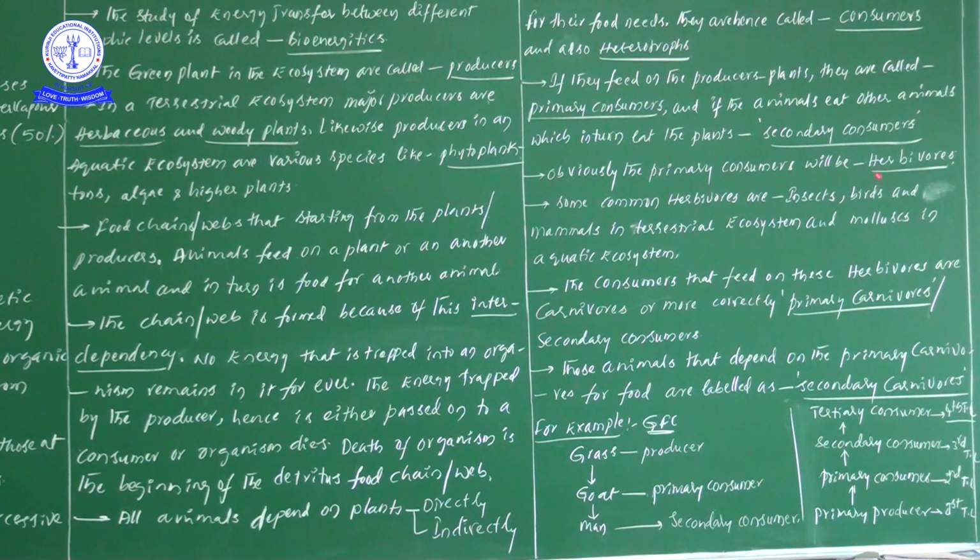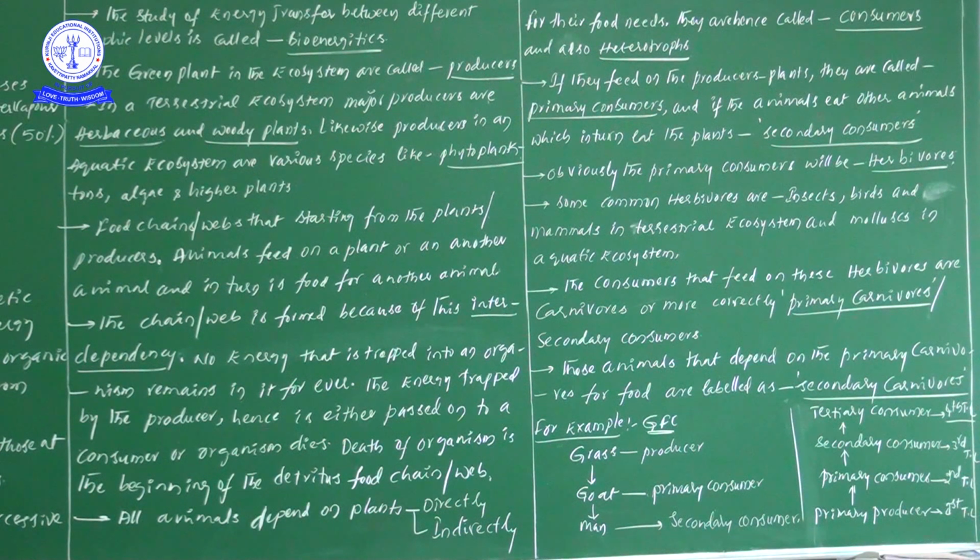Here the goat is the herbivore. The consumers that take food from the herbivores can be termed carnivores, or more correctly primary carnivores.